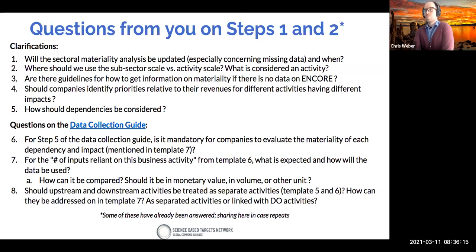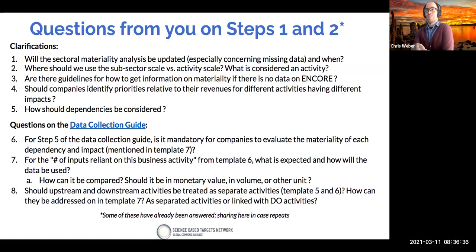Yeah, we've gotten variations on this question from several places, and I think it's fair to say that we will expect some level of disclosure of aggregated impacts when the target is being set and validated.